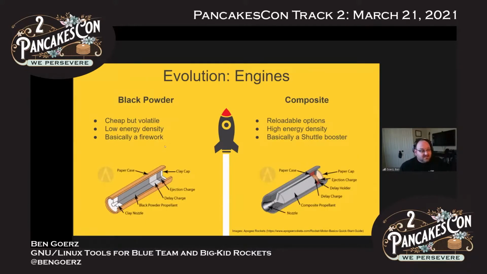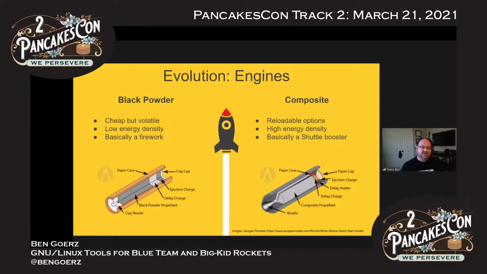In terms of technology, a lot of things have evolved. The black powder engines that I shot in the schoolyard are still around. They're still very popular. You can still buy them in hobby stores, but they have downsides. They're volatile. They have a problem with temperature swings and expansion and contraction.